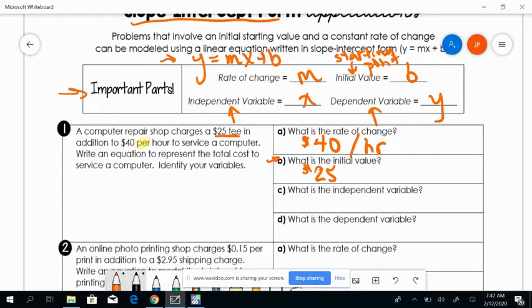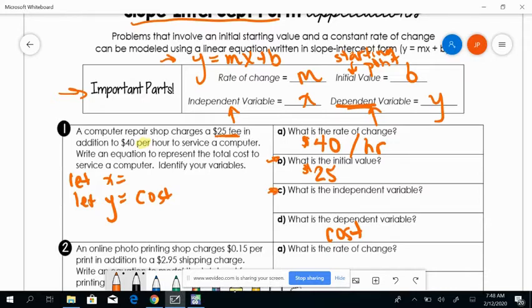And my independent variable, let's kind of identify what those are. Something in a lot of these problems, what you're going to see, the thing that is changing, the thing that is dependent on the other one is always your y. And in this case, that's going to be my cost. So the amount of money that I have to spend to get my computer fixed. So my dependent variable in here is going to be cost.